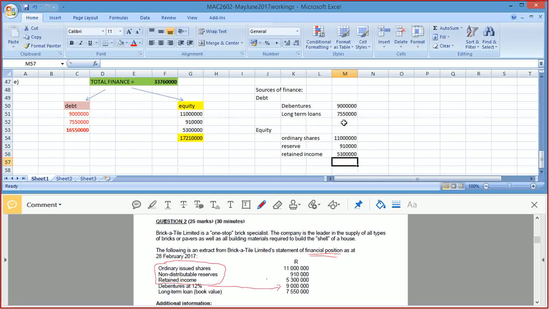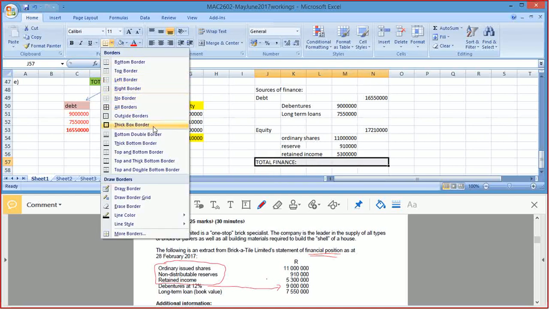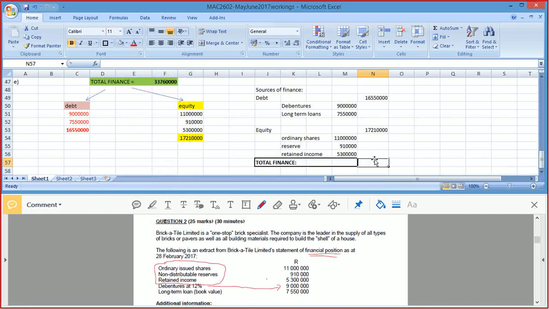So they want to know the percentage. Obviously the totals are these two amounts added together. Total finance for this company is this plus that.